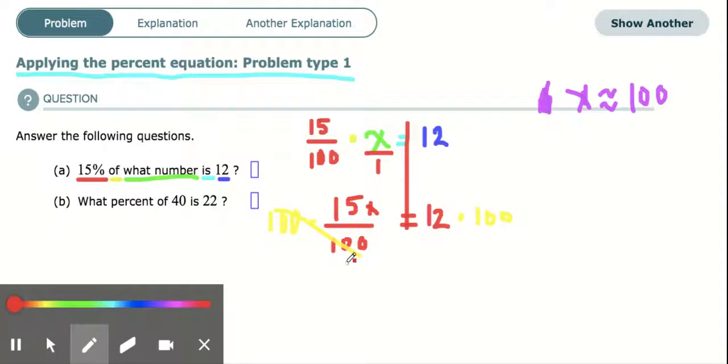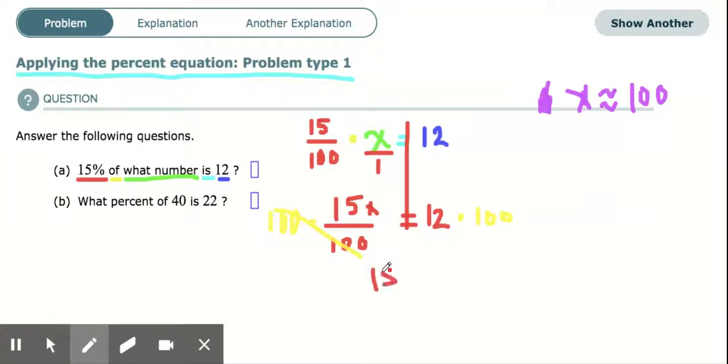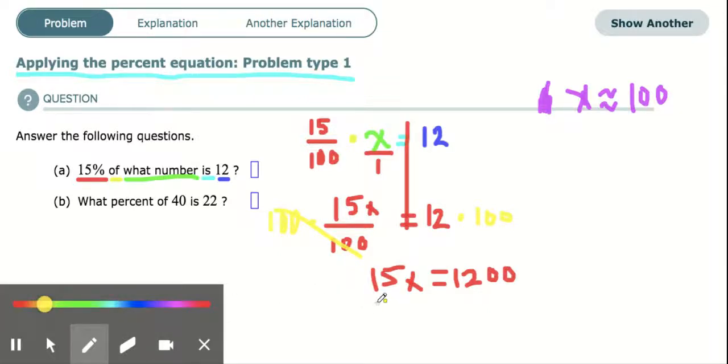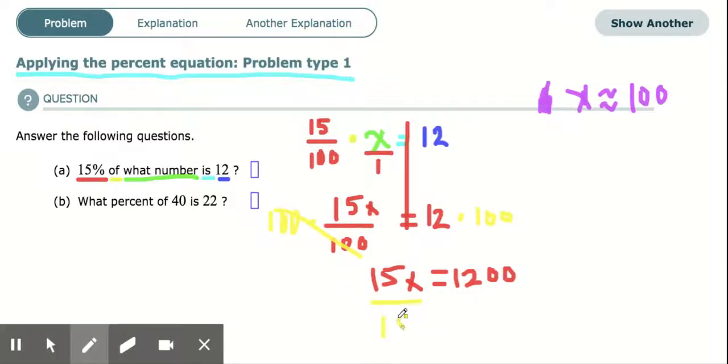So on the left-hand side, you'll have 15x, and on the right-hand side, you'll have equals 1200. Now, in order to get x by itself, just divide by 15, since this is multiplication. There's no sign in between them.